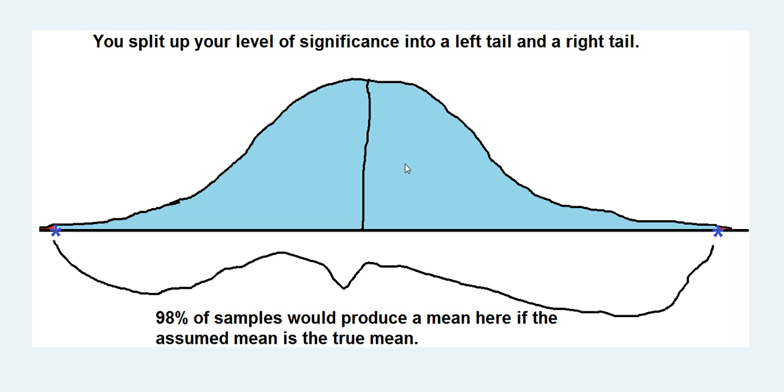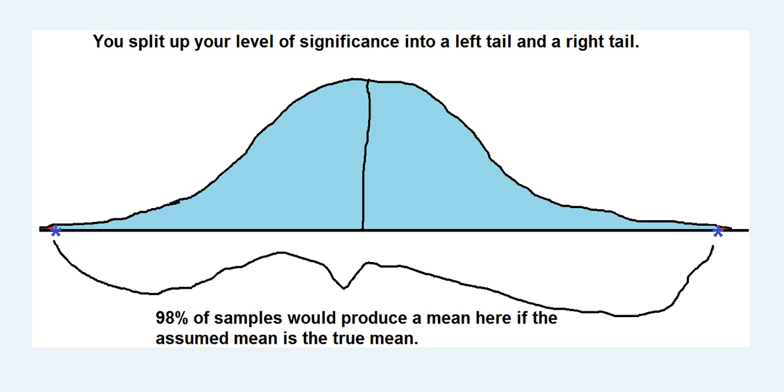But if my sample mean happens to be so extreme that only 2% of all sample means would be either that much bigger or that much smaller than my assumed mean, 1% being that much bigger, 1% being that much smaller, so a total of 2% would be that different, then you would reject the assumed mean.